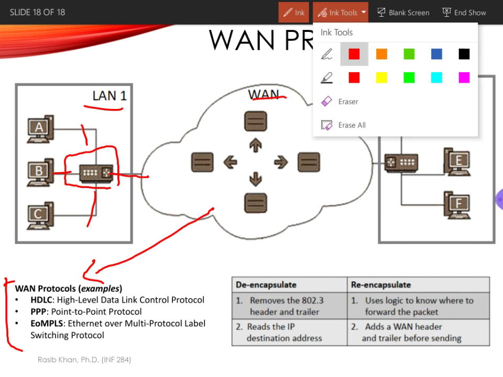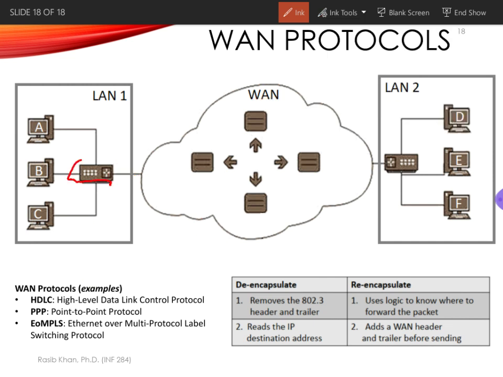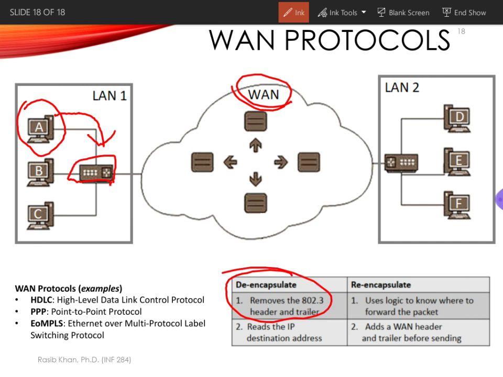So what is required is that this edge router needs to be able to encapsulate anything that is coming from the LAN part into a WAN protocol. So it de-encapsulates: it removes the Ethernet LAN header and trailer, reads the IP address information so that it is able to find the destination address, and then it re-encapsulates.